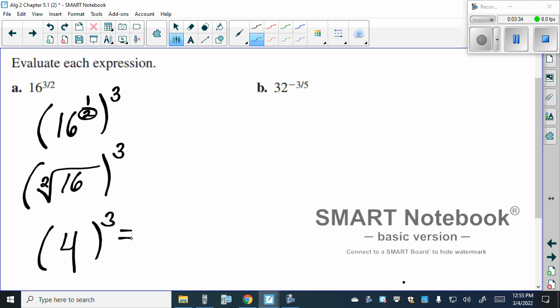And now the last thing we need to do is take 4 to the third power, multiplying it by itself 3 times, which is 64. Any questions on any of this here?